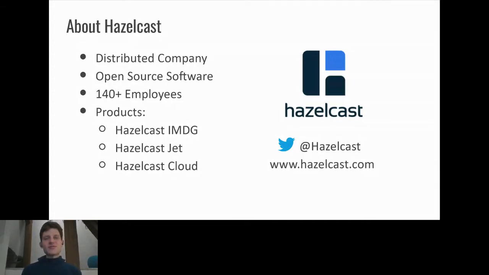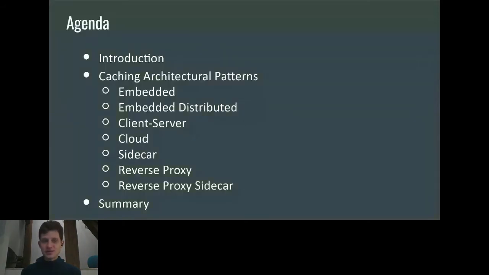Our agenda for this talk is pretty simple. There will be a short introduction about caching in the microservice world in general, and then we will walk through all possible caching topologies and patterns that you can use in your system deployed at Kubernetes. While I'm talking, I would like you to think about two things.